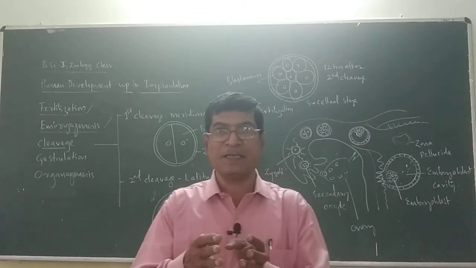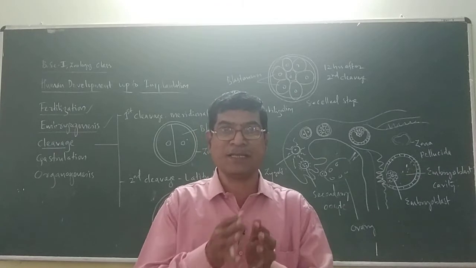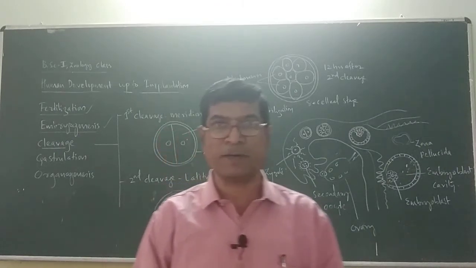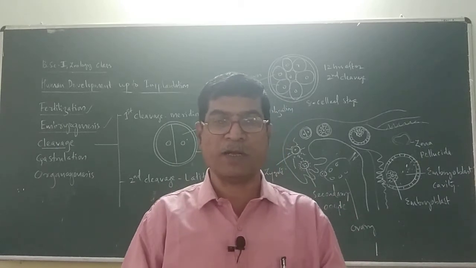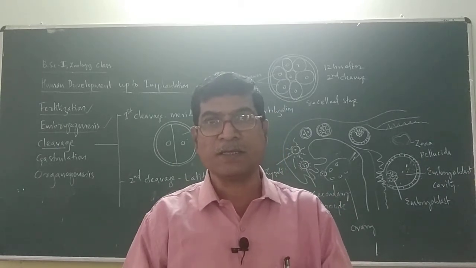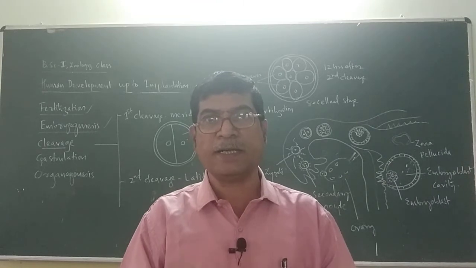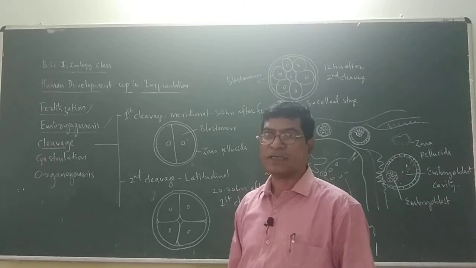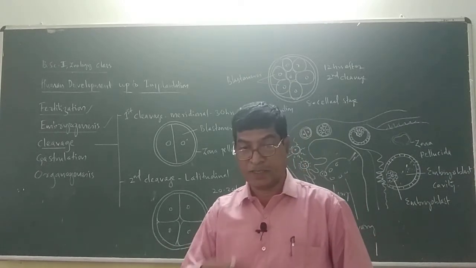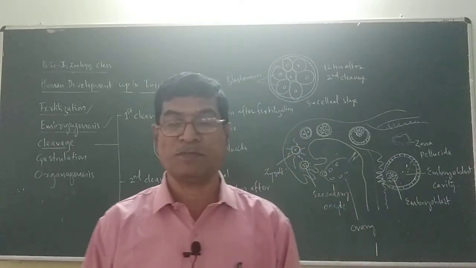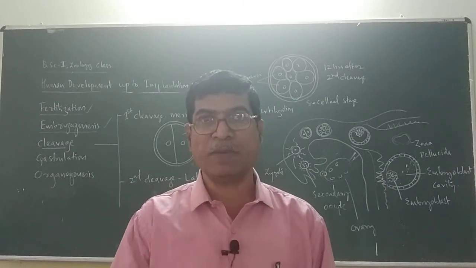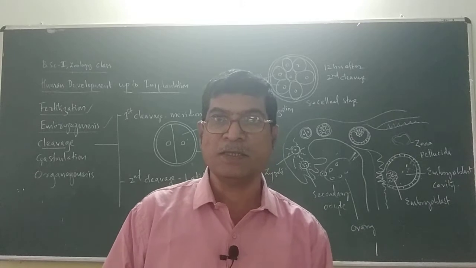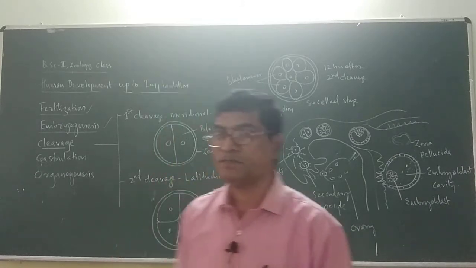Only the number of cells is increasing. The single cell zygote becomes multicellular. Smaller cells are forming. As the number of cells increases, the size of the cells decreases. But the synthesis of DNA is very rapid. Okay? So this is called cleavage.